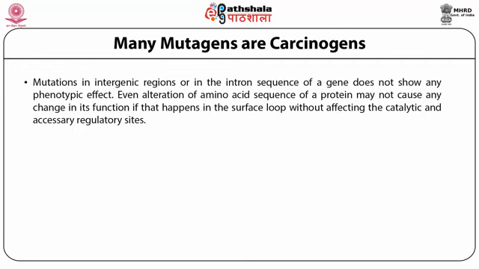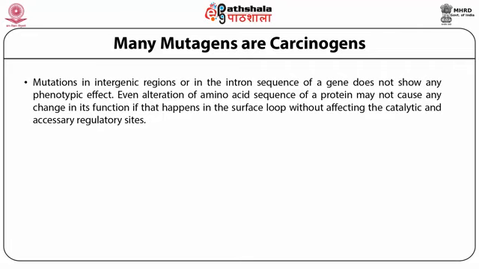Mutations in intergenic regions or in the intron sequence of a gene do not show any phenotypic effect. Similarly, the redundancy of the genetic code, where more than one trinucleotide may specify a particular amino acid, can mask point mutations.